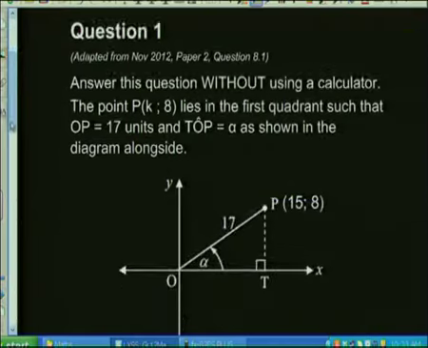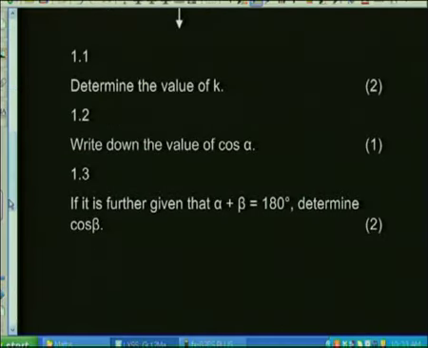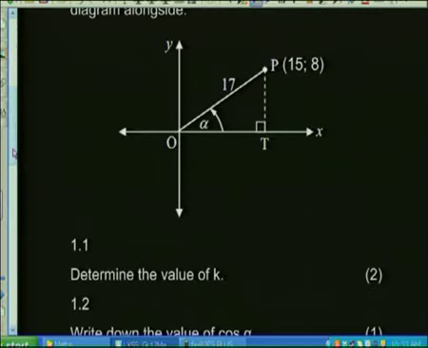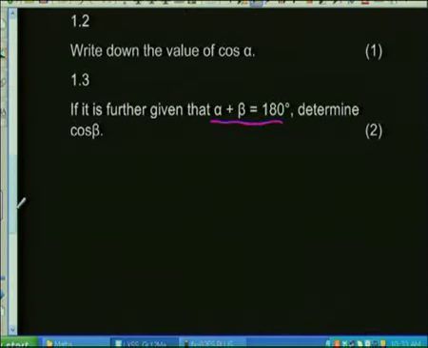Right, moving on to 1.3 now. If it is further given that alpha plus beta equals 180 degrees, determine cos beta. Now on our diagram, the only angle we've got is alpha. There is no beta. But you have also been taught how to manipulate equations.